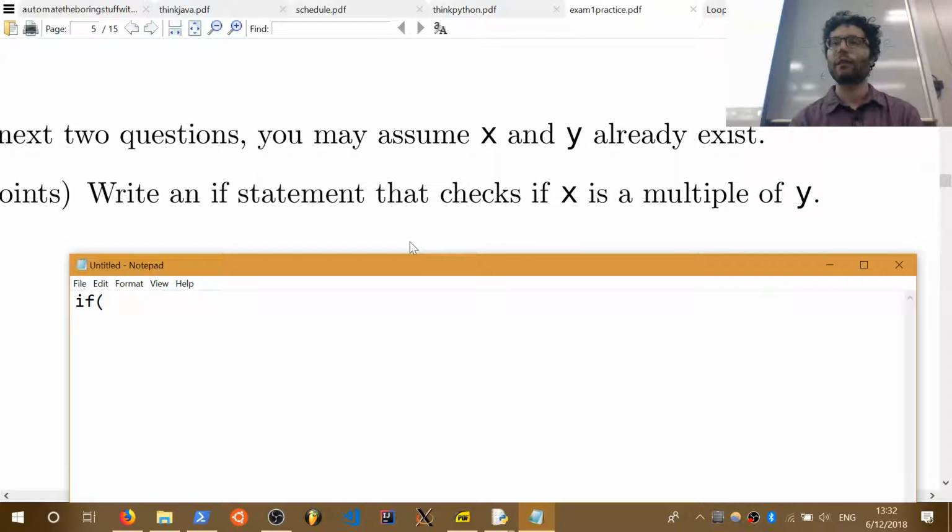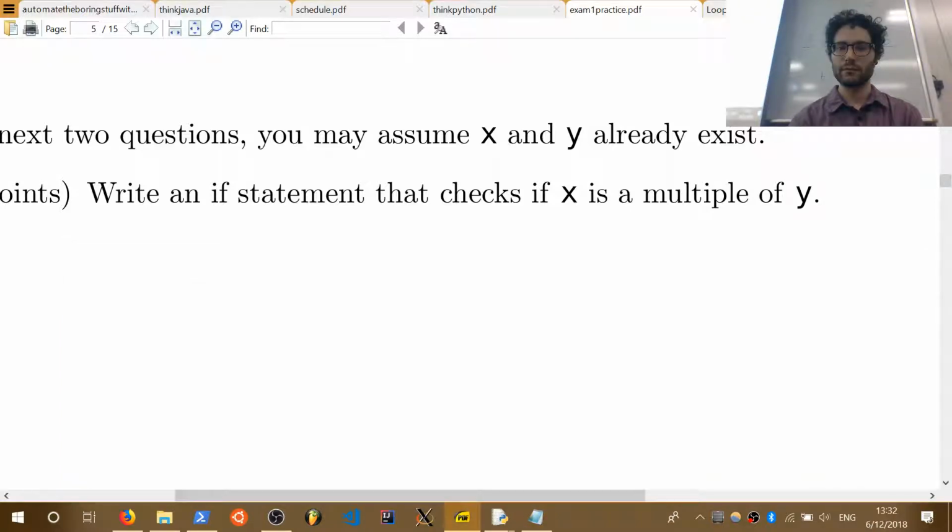We don't know what x and y are, we just know they're defined. So if x modulo y equals 0, that's all we need. Just checking if x is divisible by y. That's all I mean when I say write an if statement that does this.